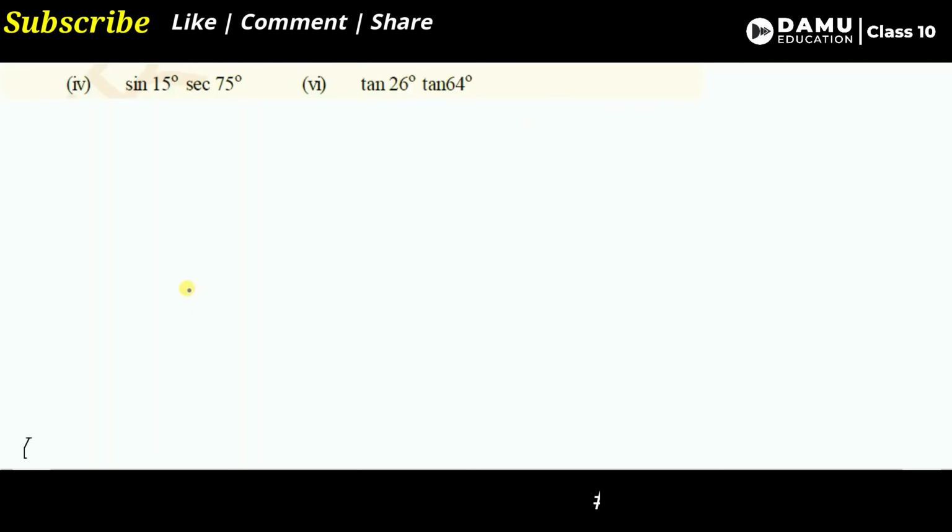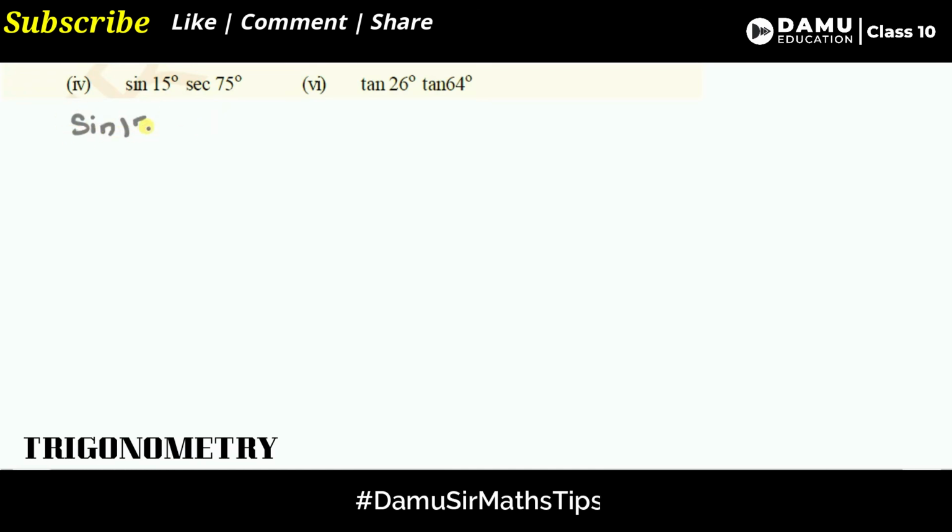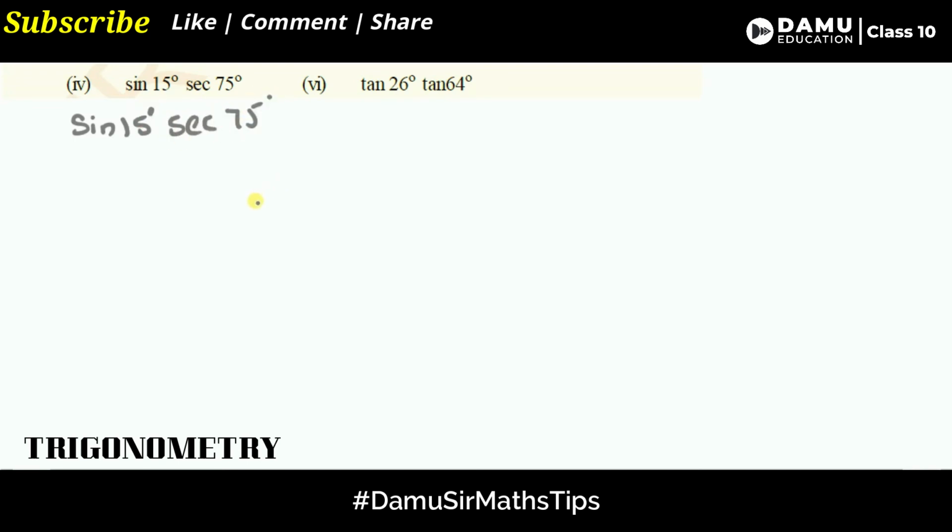Here our fourth one: sine 15 degrees and secant 75 degrees. Let's write it as it is, sine 15 degrees secant 75 degrees. Let's convert sine 15 as sine of 90 minus 75.